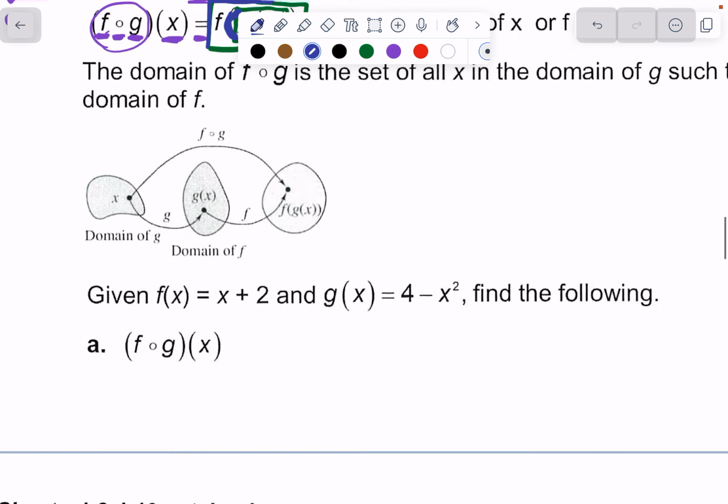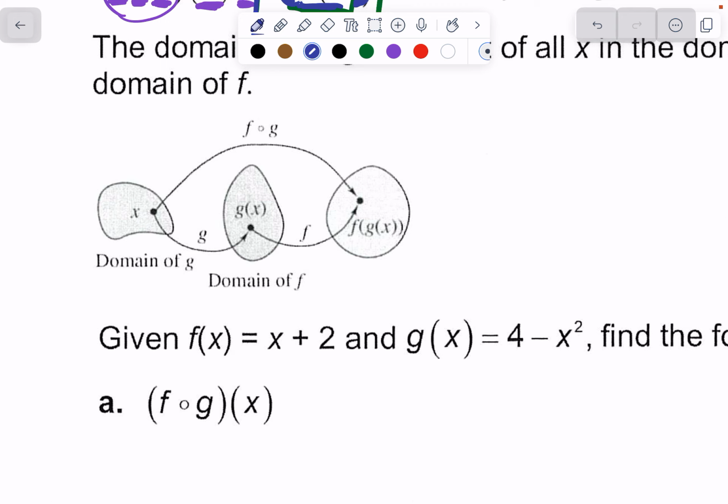And they have this little picture here of how the domains work, right? So you might have an x value in the domain of g. When you plug that into g, all these numbers in your domain get mapped to outputs for the g function. And now we're going to take all these numbers and plug them into f, and we'll get all of these outputs, right?